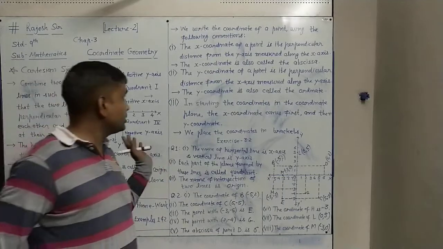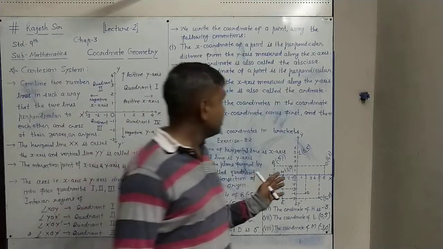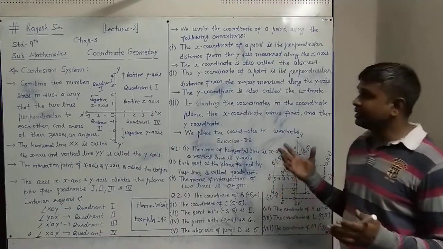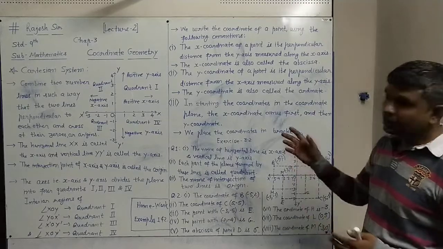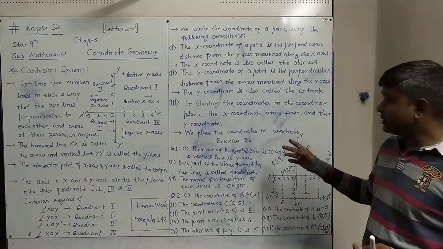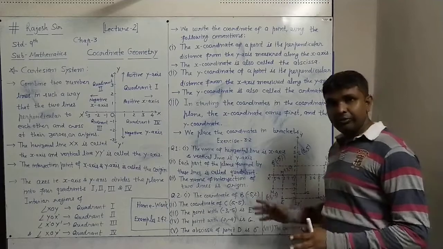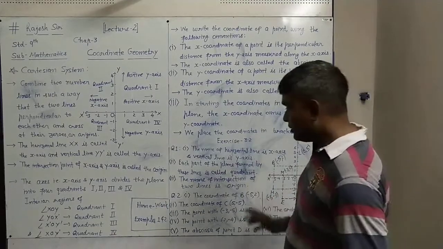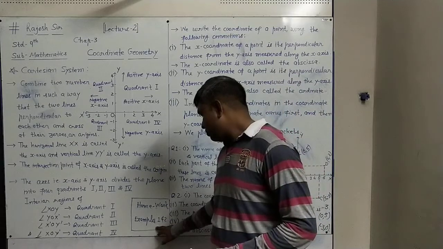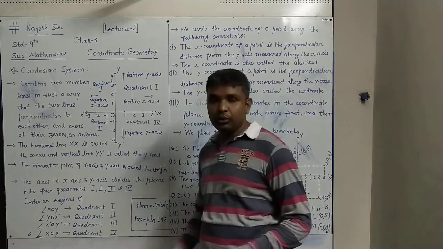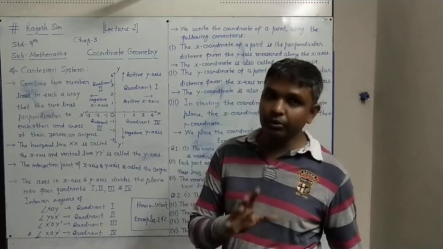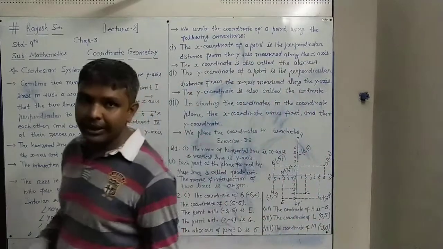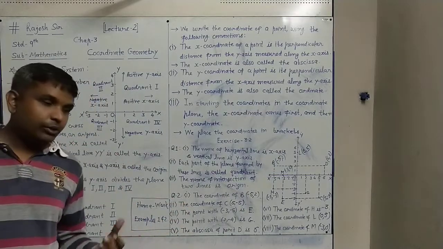Once again, all the theory we have written about how to write the coordinates and understand the Cartesian system, you are advised to write it at least 2 times. Do the exercise very carefully. It's very easy. Then complete examples 1 and 2 yourself. Don't look at the answers printed in the textbook. Do it on your own, and you will get the same as printed and can verify that.